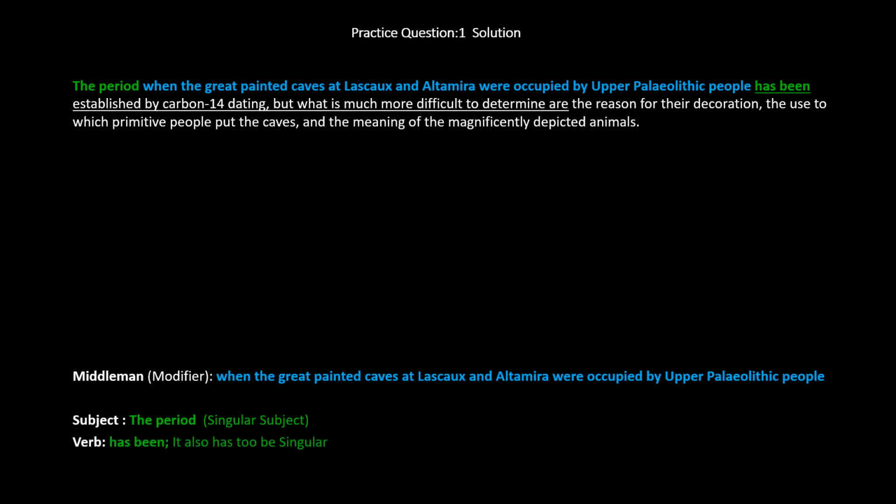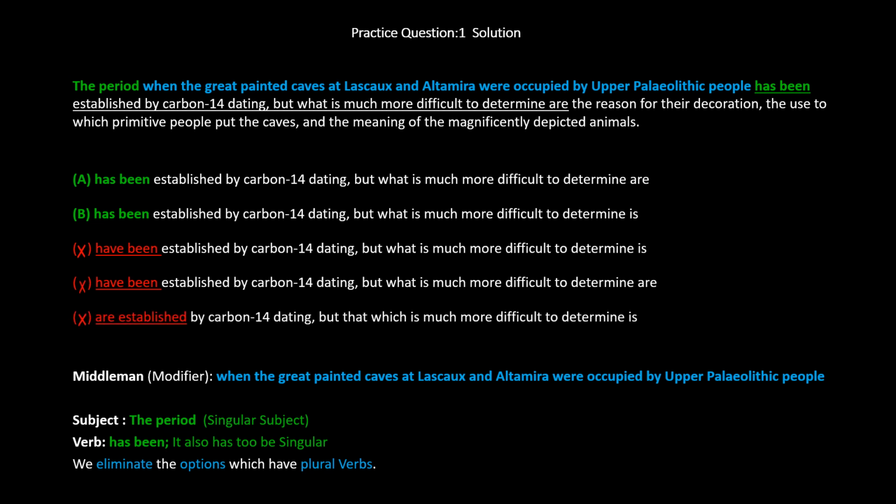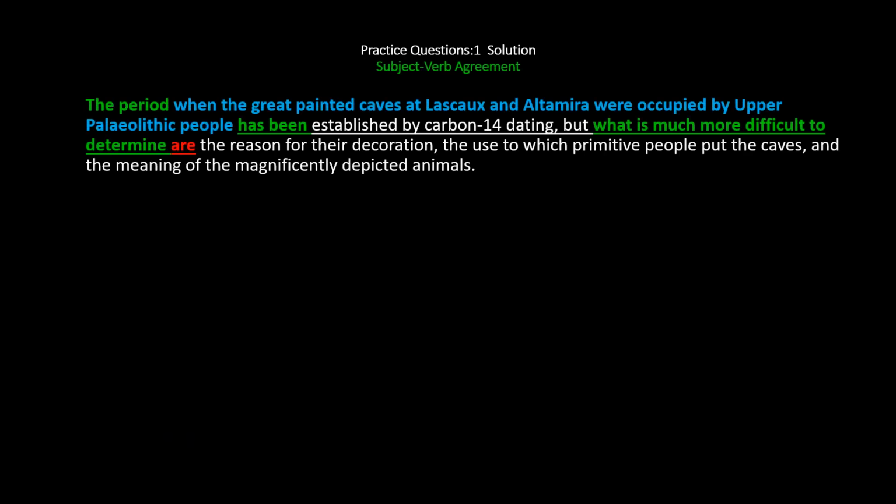Now we are left with only two options, A and B. We look for the differences between A and B. Usually the differences lie either in the beginning or at the end of the options.